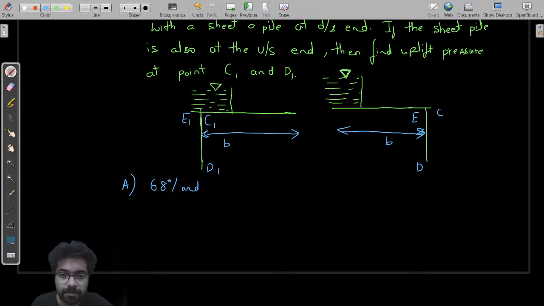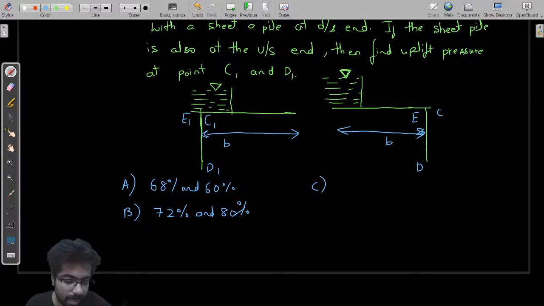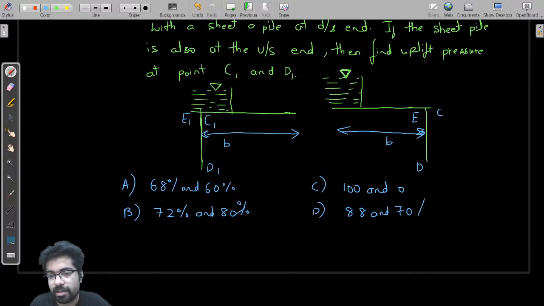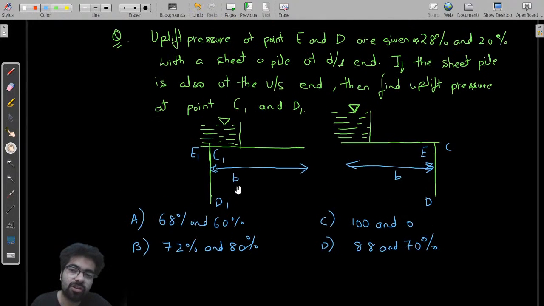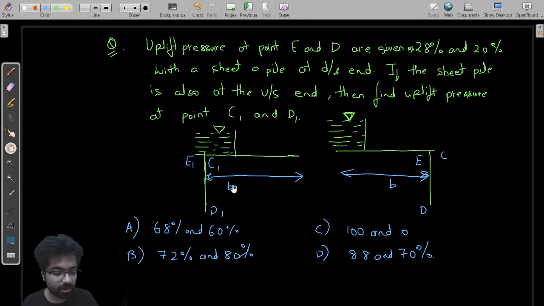A option is 68 and 60%, B option is 72 and 80%, C option is 100 and 0 respectively, and D option is 88 and 70%. So everyone solve and immediately tell me the answer. I will wait for 1 minute.